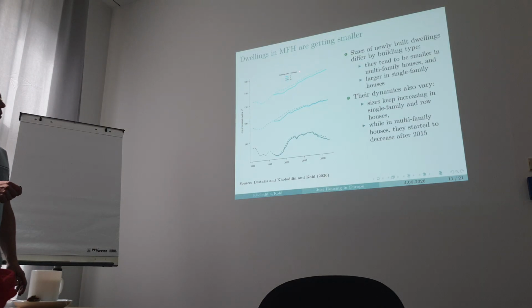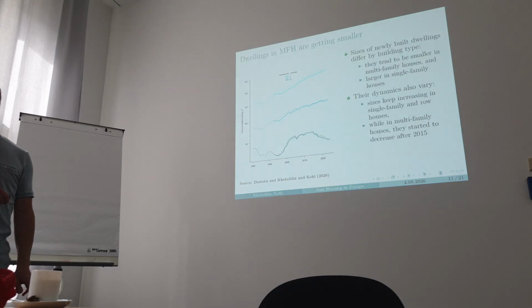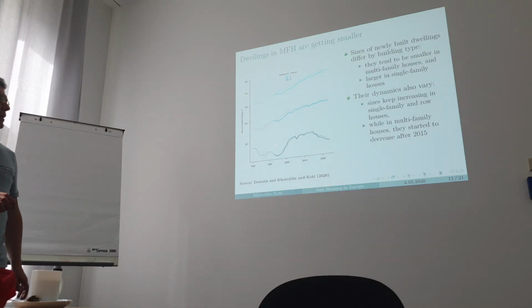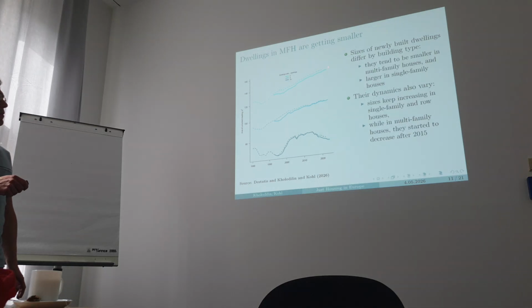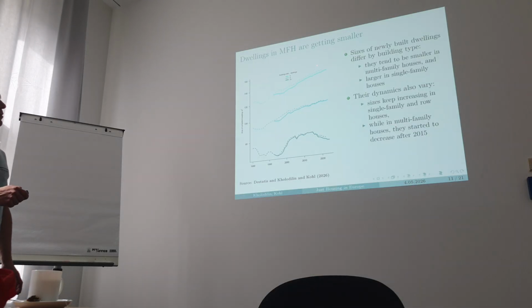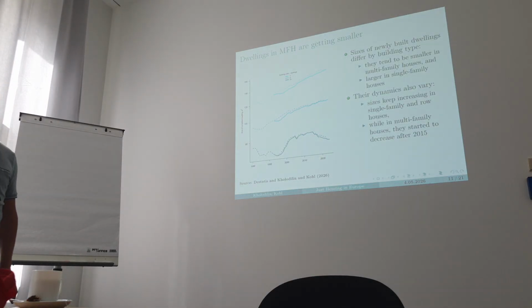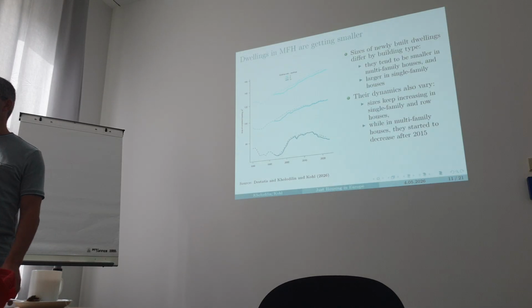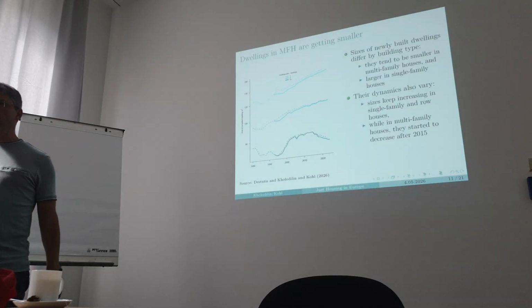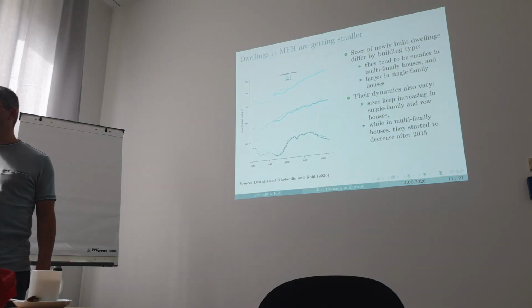And you can see that this is not the share, that's the floor area in square meters, on average. So you see that, for example, at the end of the sample, the average area of detached houses was like 150 square meters. And for apartments in multifamily houses, it's just 75 square meters, so half the size of a single-family house.